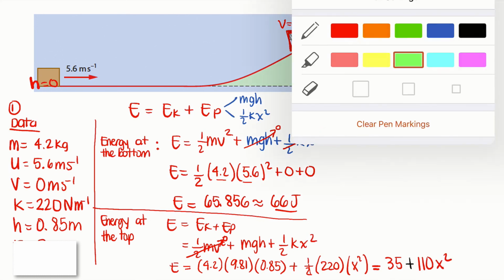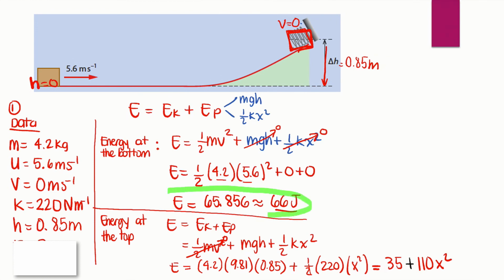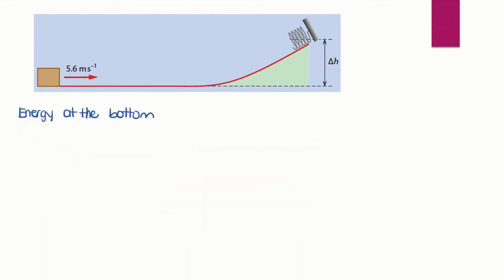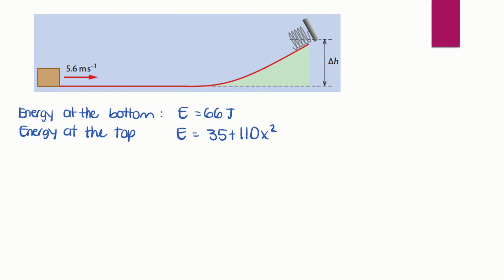Now we have two equations. The energy at the bottom equals 66 joules, and the energy at the top equals 35 plus 110 x squared.